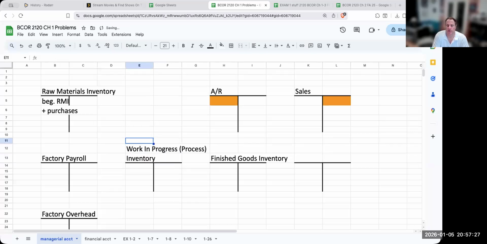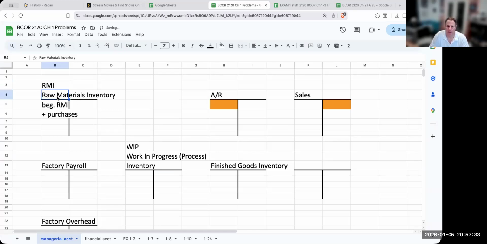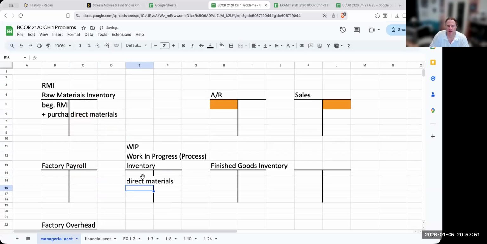You'll see me refer to this sometimes as WIP, work in process, work in progress, same thing. RMI, raw materials inventory, right? Whatever comes out of raw materials inventory that we put into production, we're going to call direct materials. These direct materials are going to travel over here to our work in process from our raw materials inventory.